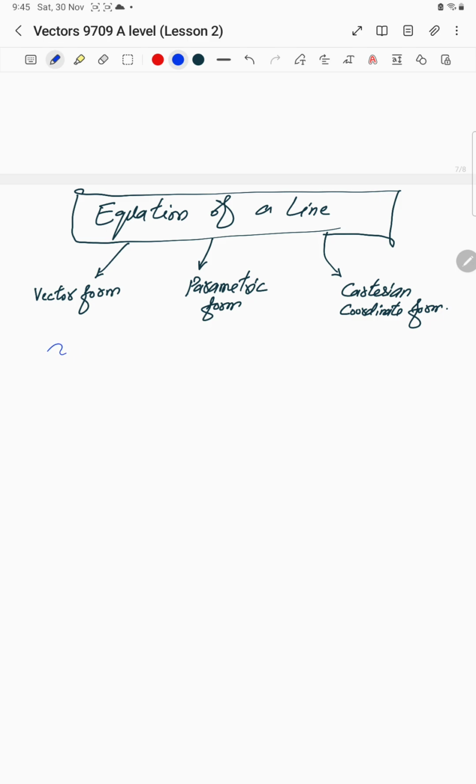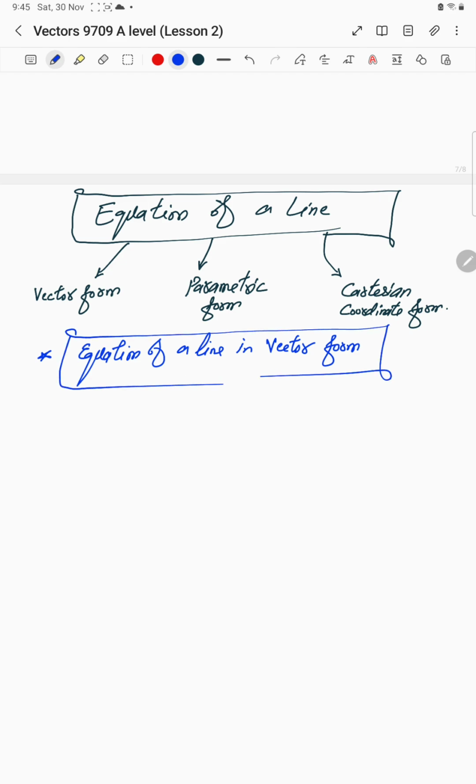So here, case 1, the equation of a line in vector form is generally written as r equals a plus lambda m.